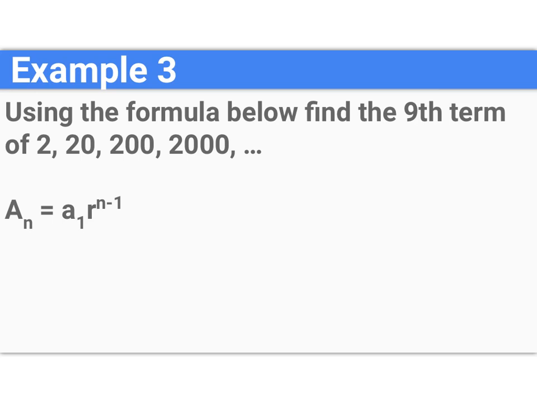Okay, using the formula below, find the ninth term of 2, 20, 200, 2000. All right, so it looks like we're multiplying by 10. Okay, so the ninth term, A1 is 2. Our R is 10. 10 to the 9 minus 1. So 2 times 10 to the 8th.